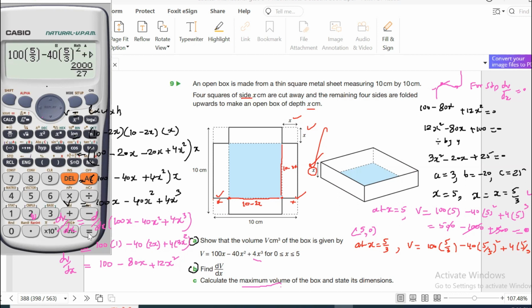If you press equal, we are getting 2000 over 27.